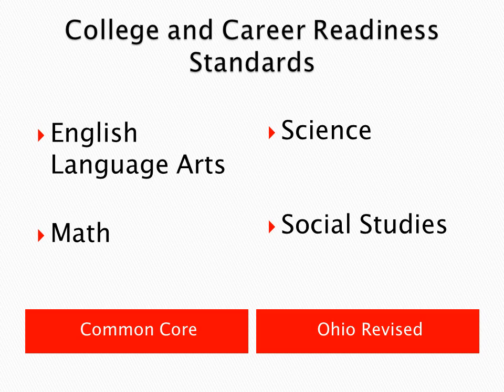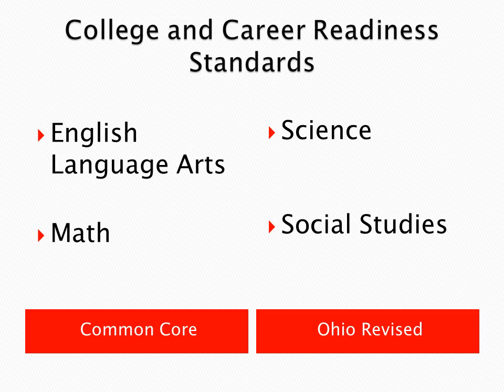These new standards are based on college and career readiness. There are 2 sets of standards that have been combined into one. So the Common Core standards are standards that have been written on a national level and they've been adopted by 45 states to date. The Common Core includes standards for English Language Arts and mathematics. And then Ohio, the Ohio Department of Education, has written new standards for science and social studies.